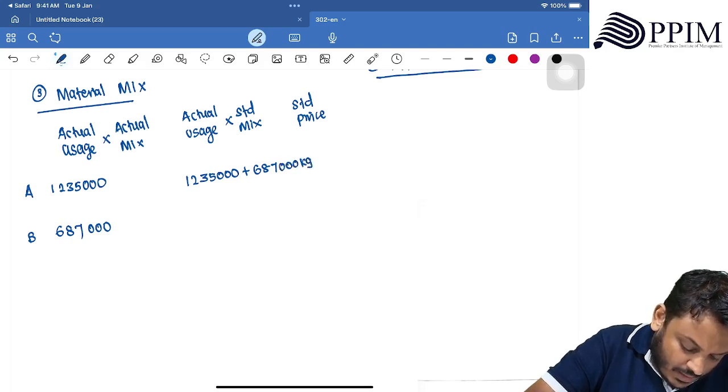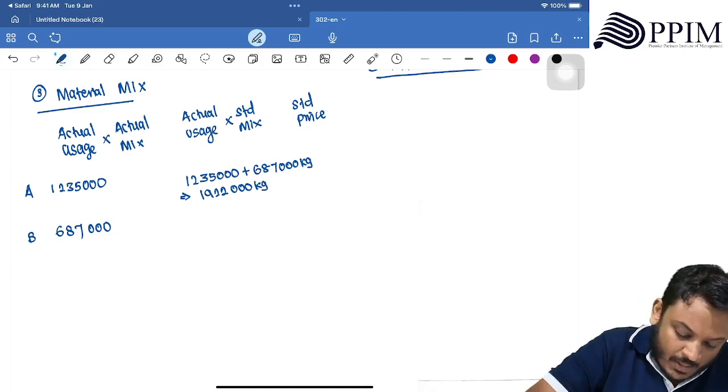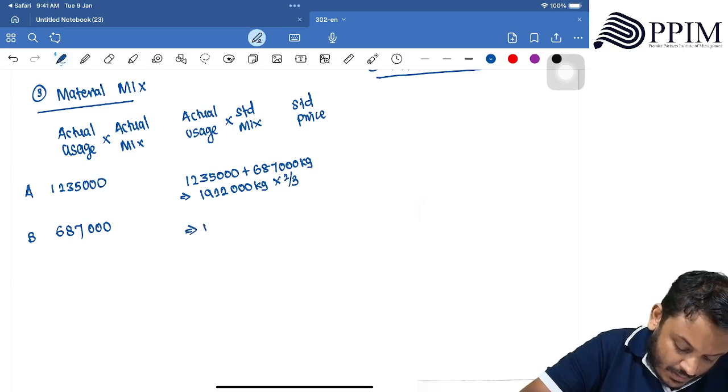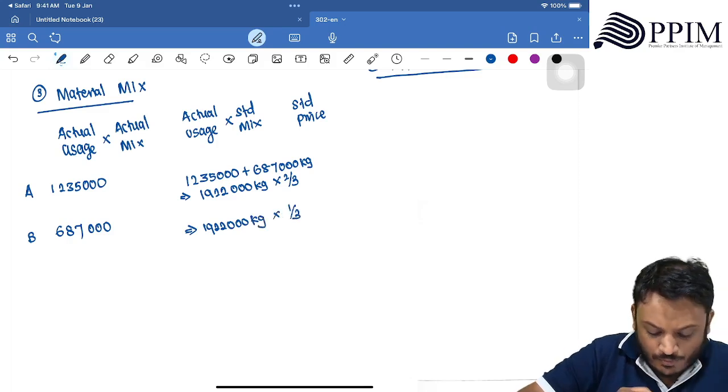This is A and B both together, 1,922,000 kilograms. That is the total usage of material, but 2 kilogram used for A. Here total material usage is this many kilograms, 1 kilogram used for B.